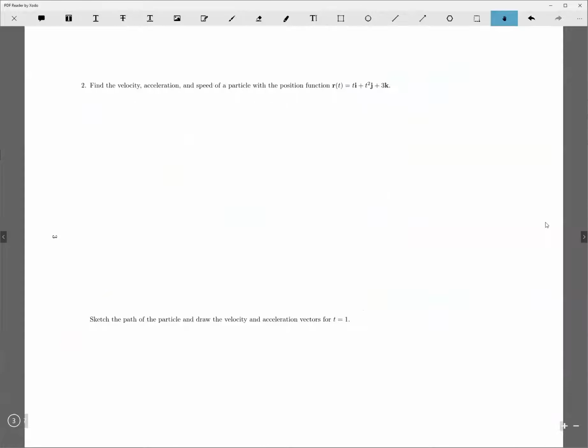Let's go on to the next problem, number 2. Find the velocity, acceleration, and speed of a particle with the position function. I guess this is really similar to the last one that we just did, except it's got 3 components. So what's the velocity?